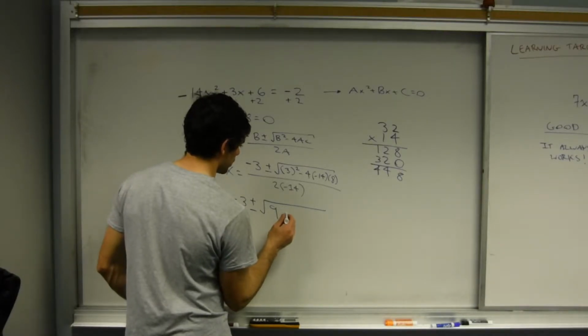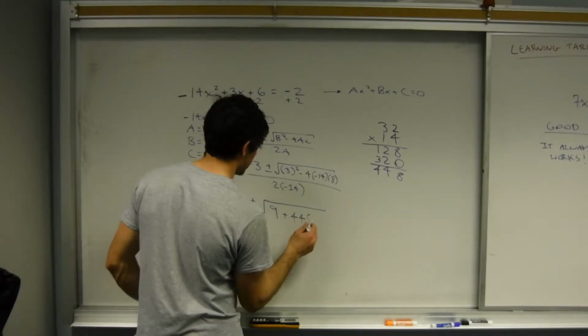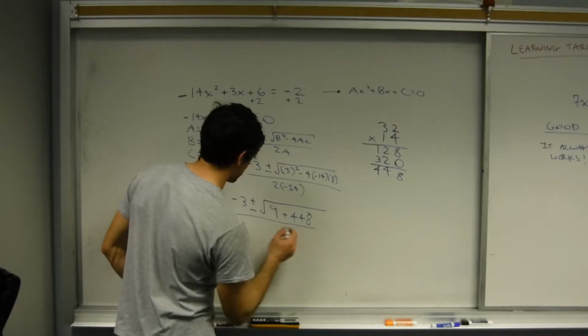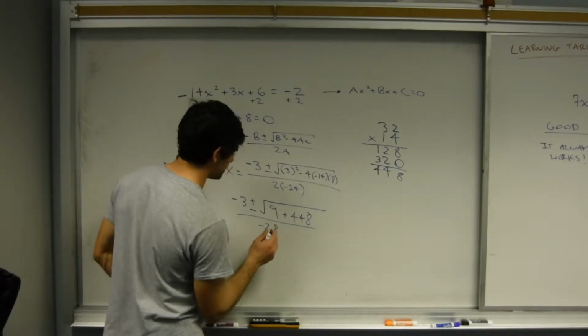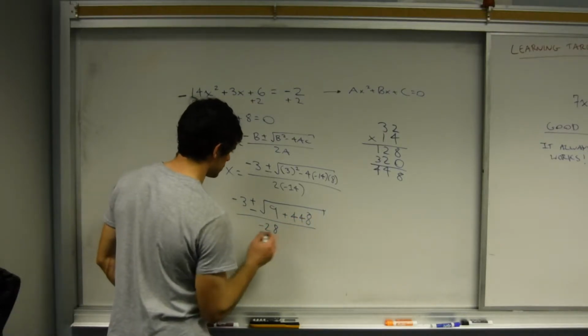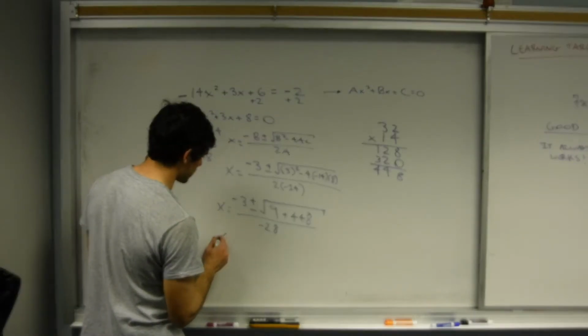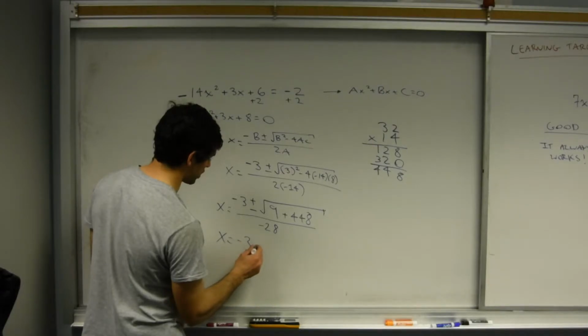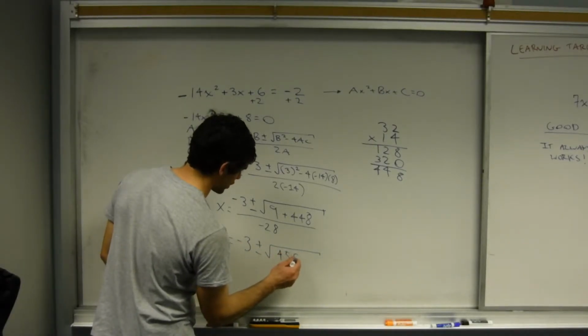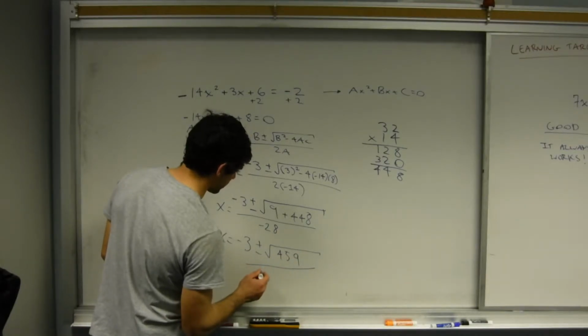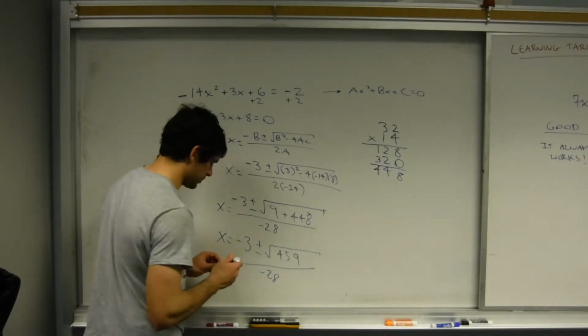So we get 9 plus 448, all divided by negative 28. So then we get x is equal to negative 3 plus or minus the square root of 459, all divided by negative 28.